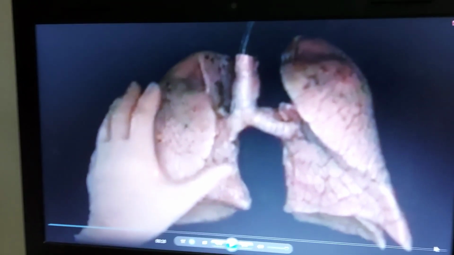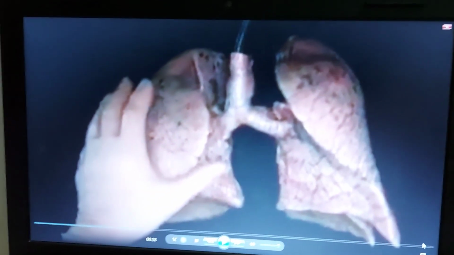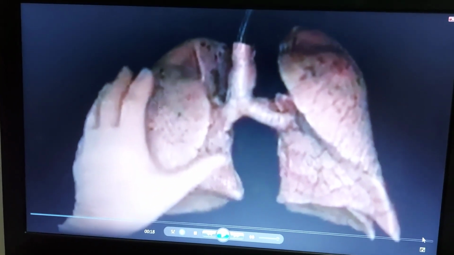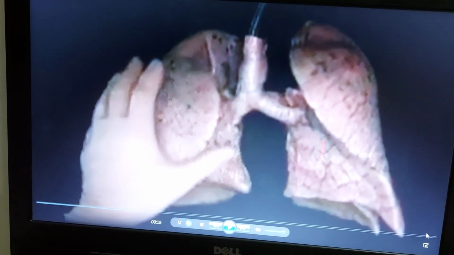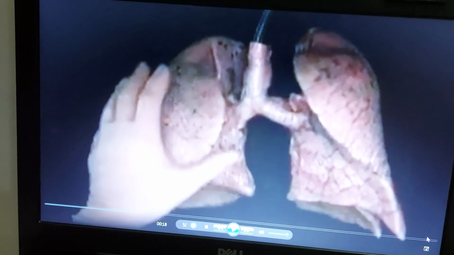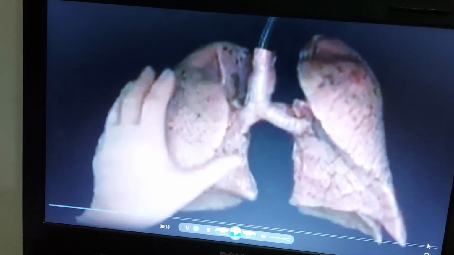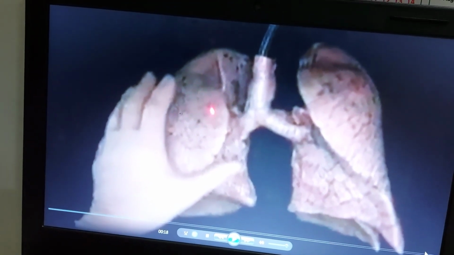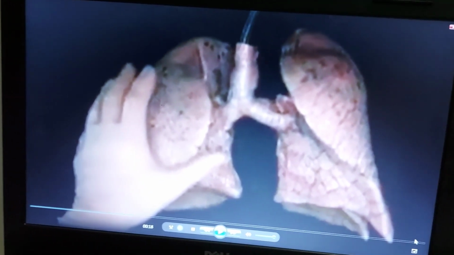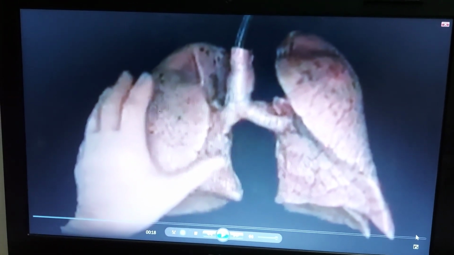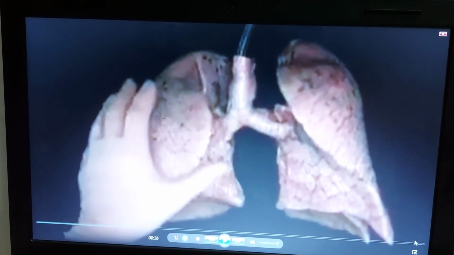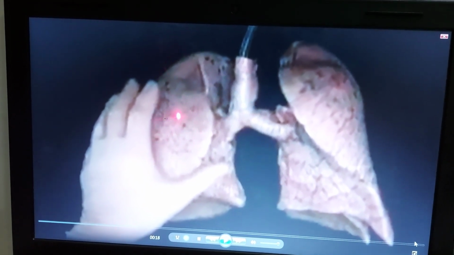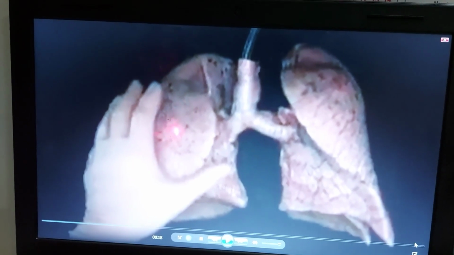This is one lung, this is another lung. If we want to determine the side, this will be the left lung, and this will be the right lung. That means it is in front of your right hand, and it is in front of your left hand, so that it is the right.